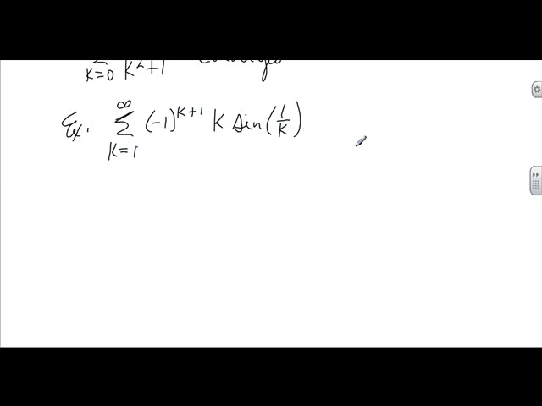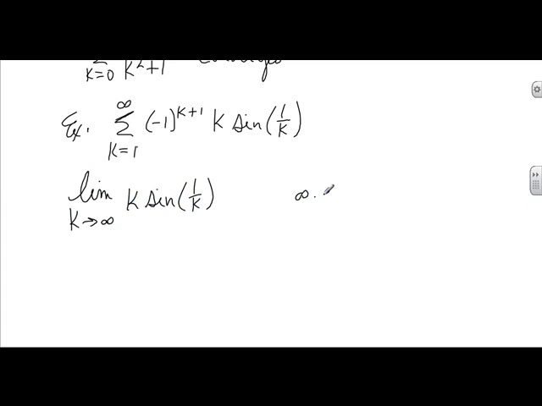If we start with the limit as k approaches infinity of k times sine 1 over k, looking at it the way we have it here, we've got something in the form infinity times 0.